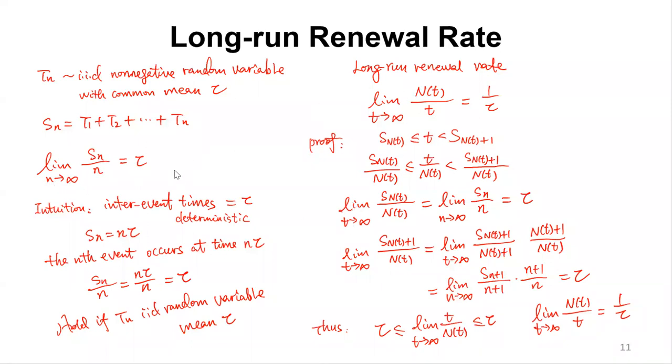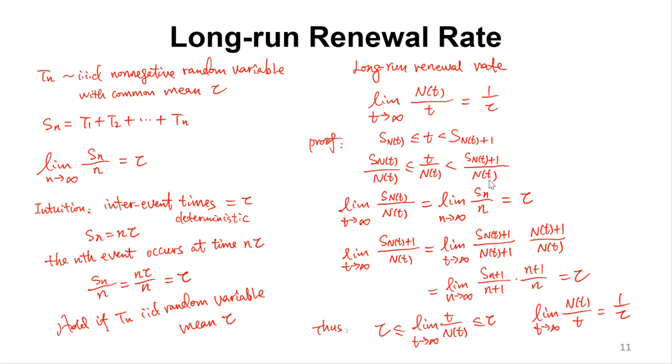Now with this result, let's have a look at the long-run renewal rate. The long-run renewal rate is N(t) over t. This is actually 1 over tau, okay? So this is a constant, 1 over the mean. Let's prove this. Because we have this result, we use t over N(t). This will become S of N(t) over N(t), and this will be S of N(t)+1 over N(t).